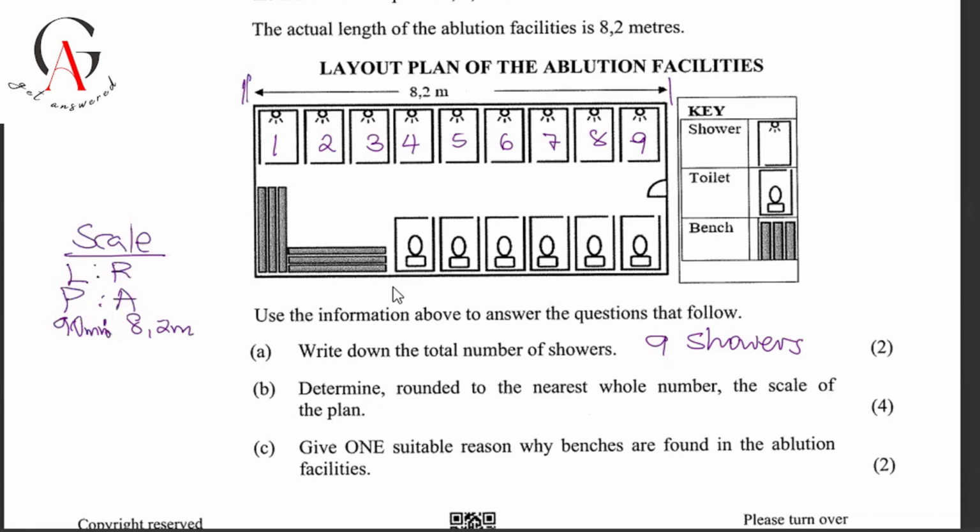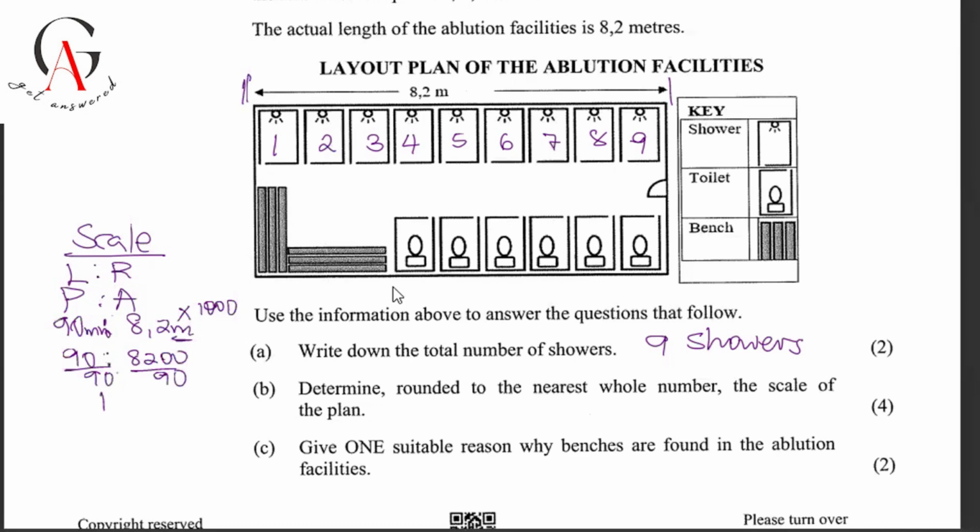Because I'm looking for the scale, I need to change the meters to millimeters. So I multiply by 1,000. So it's going to be 90 is to 8.2 times 1,000, which is 8,200. Divide by 90, and divide by 90.